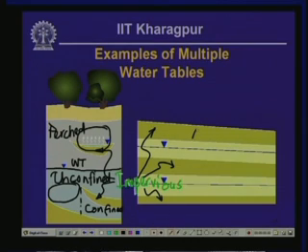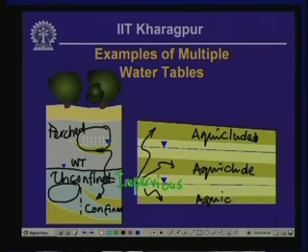Now let's get to the cartoon on the right. Here we have aquiclude layers like this, and in between these aquicludes are aquifers which have independent groundwater tables.